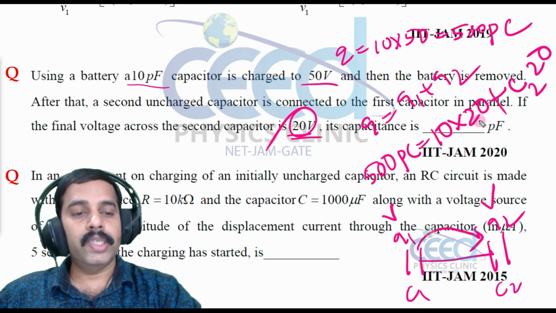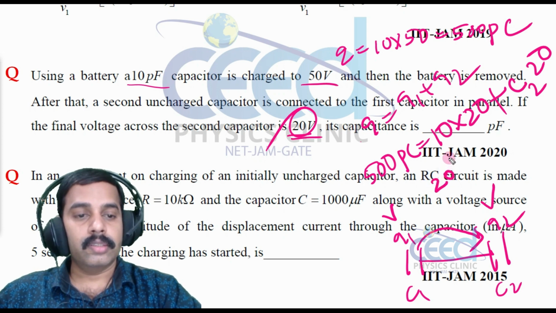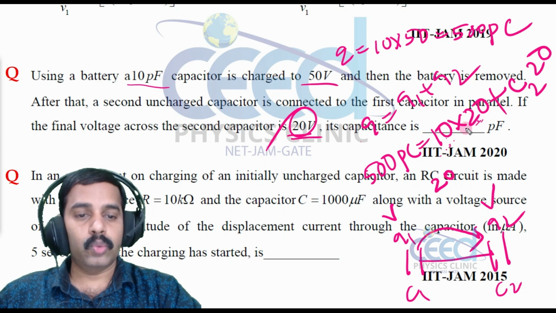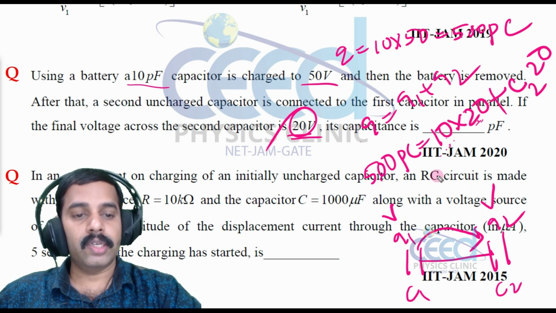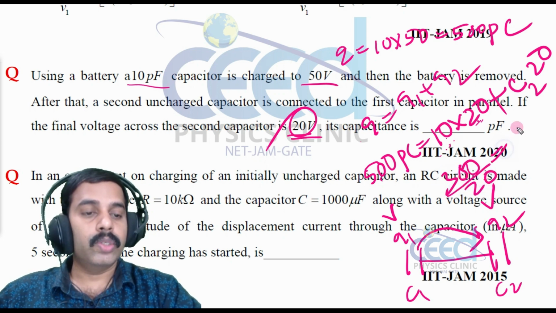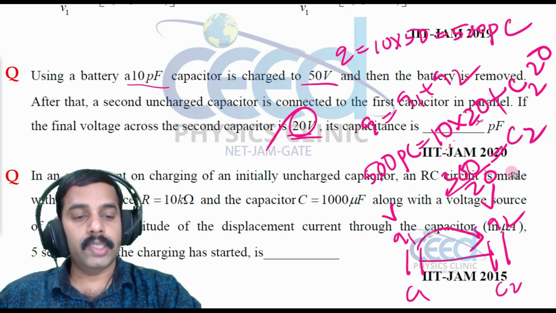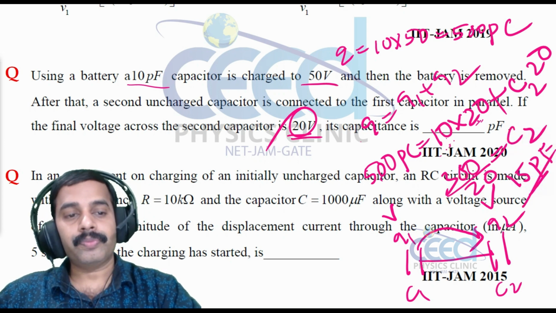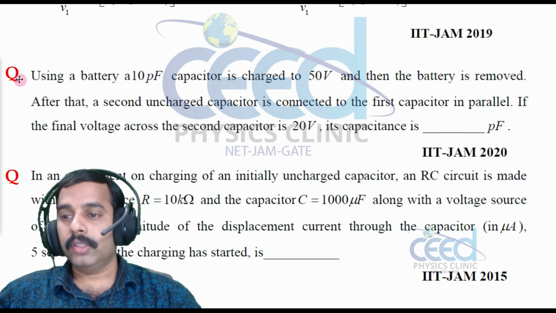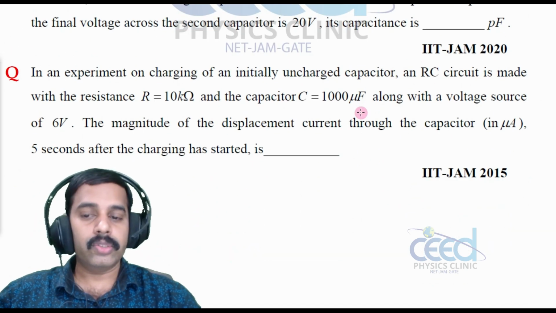So the first capacitor is 10 into 20, that is 200, right? 500 minus 200, that is 300. 300 by 20, that is equal to C2, that is 15 picofarad, right? So the answer is 15.